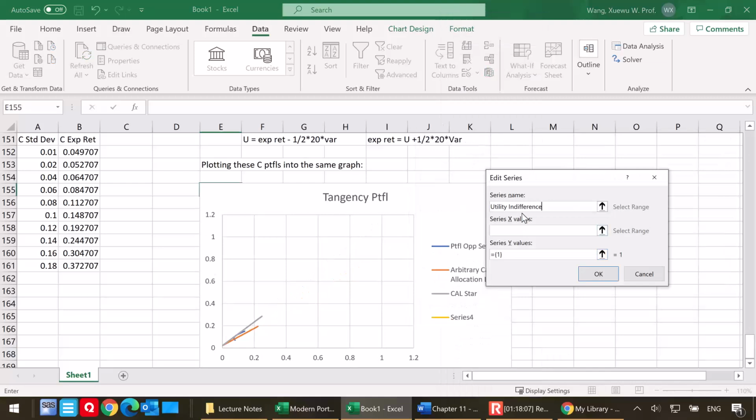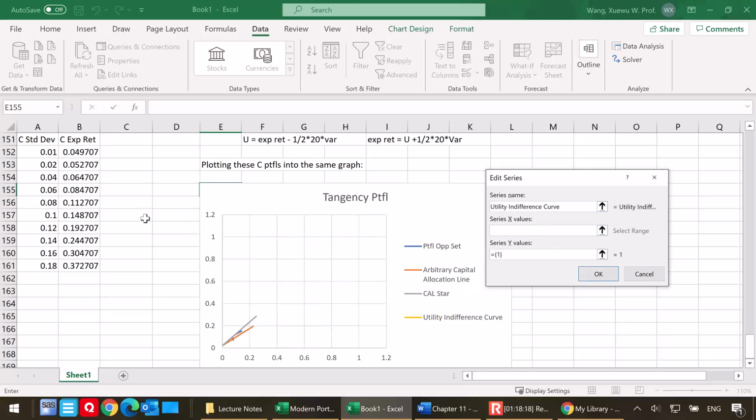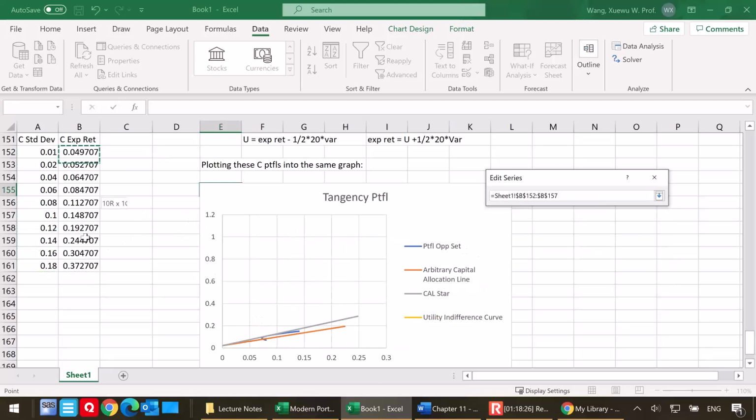indifference curve. All right, I don't have time to motivate the intuition for this utility indifference curve, but you can draw this already with this Excel illustration. All right, so the X variables are the standard deviation, and the Y variables are the expected return.